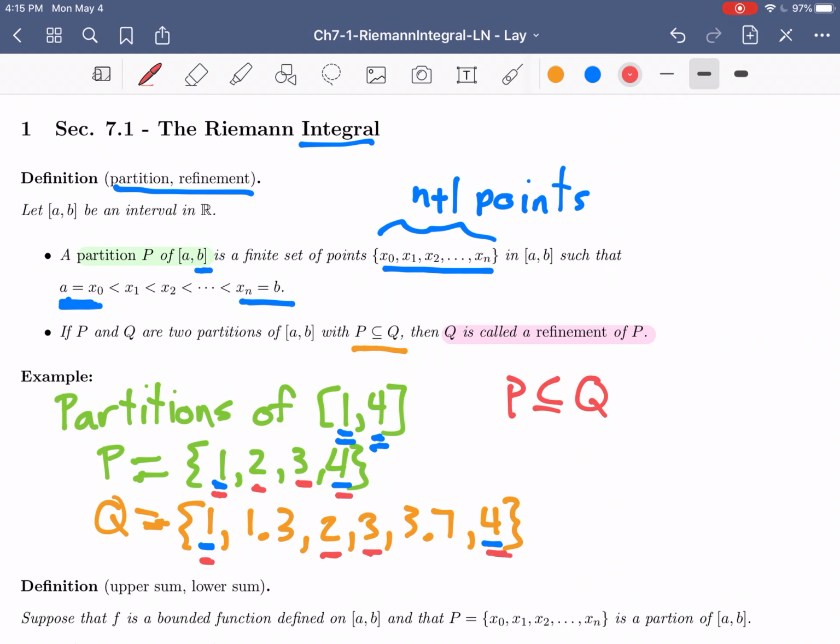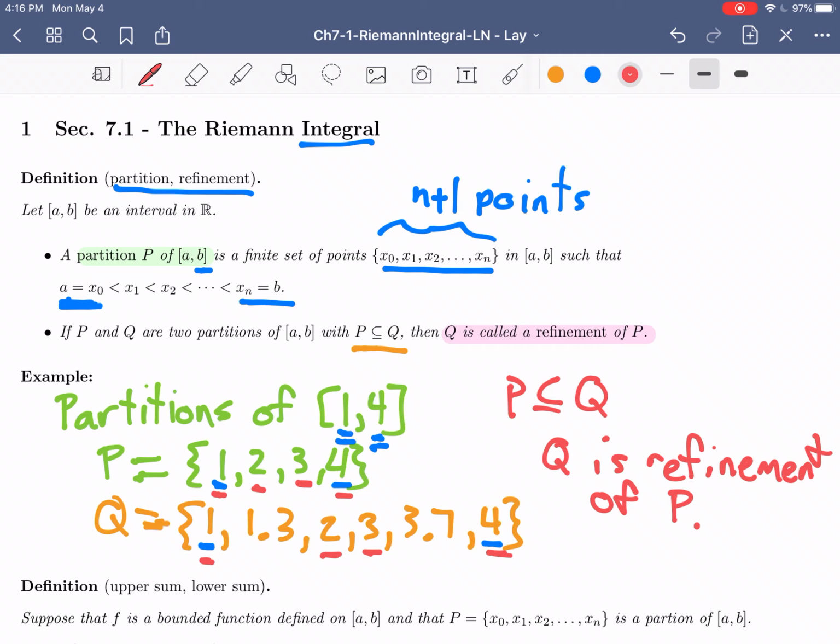So we would say that Q is a refinement of P. So it takes P and it refines it. It throws in some extra stuff.